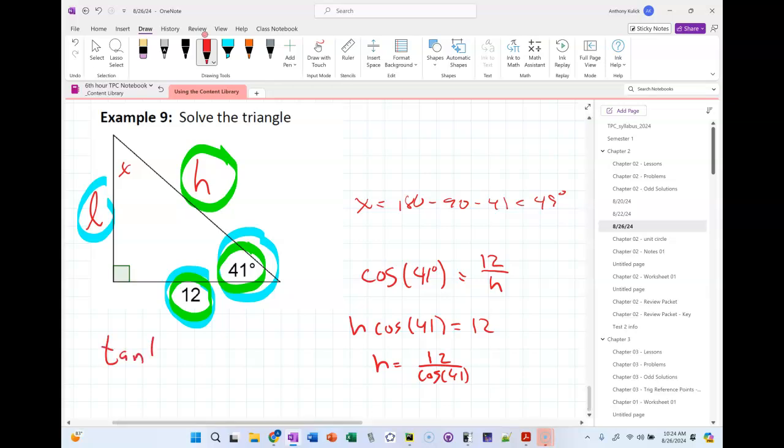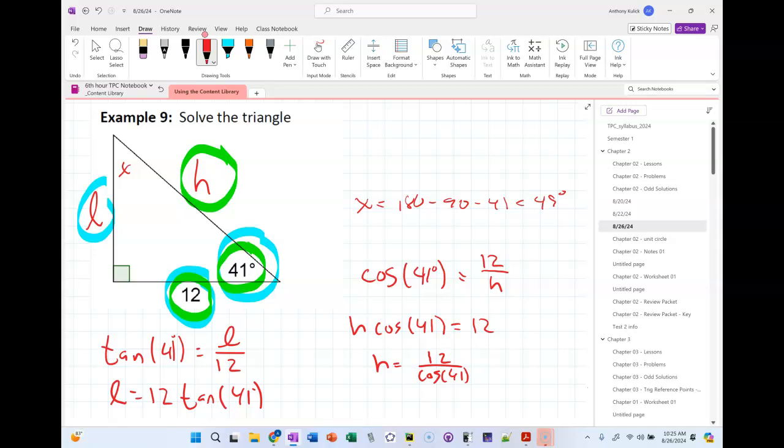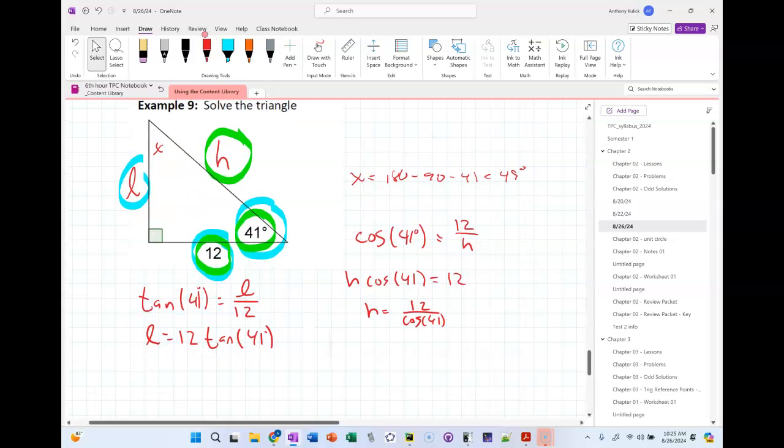So we'll do tan 41 equals opposite over adjacent. Multiply both sides by 12, and then it's calculator time. And again, I'll let you guys punch all that through if you choose. We're okay with just getting into the calculator stage here.